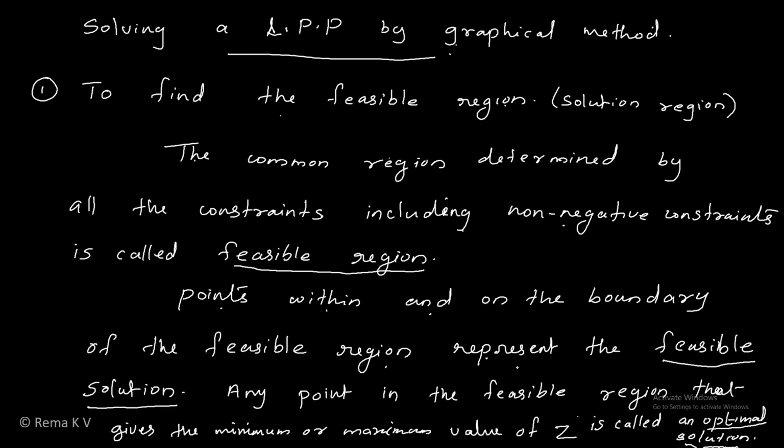Okay, let us have one question. By solving it, these terms will be clear to you. Exercise 12.1. And one more thing, two different types of problems are there: one, when the feasible region is bounded, and the other when it is unbounded.